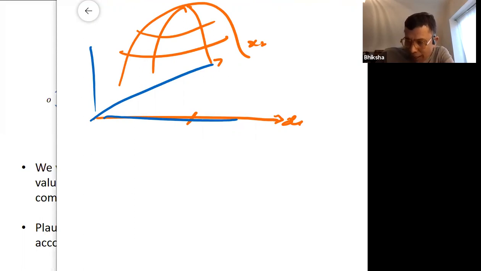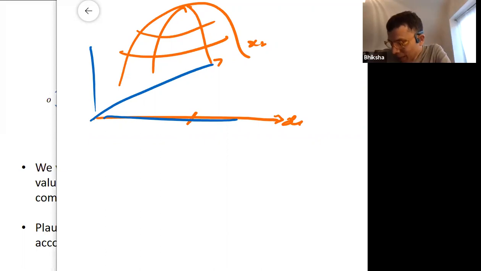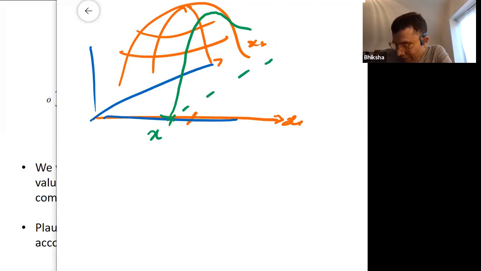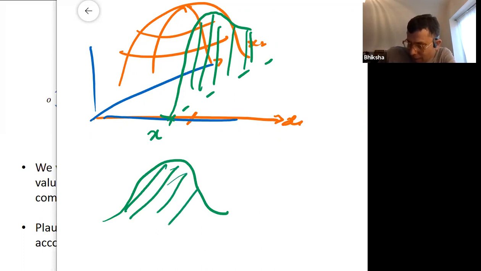At that x1, is x2 unique? No. So what will it be like? If I give you x1, it's like slicing this bell at that value of x1. That slice is going to have a face, and that face, if I look at it face on, is also going to be Gaussian, right? And this is P of x2 given x1.